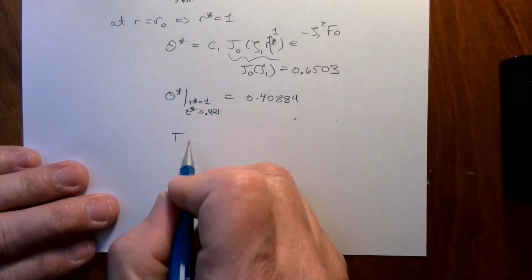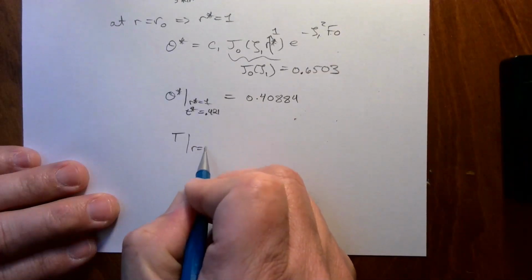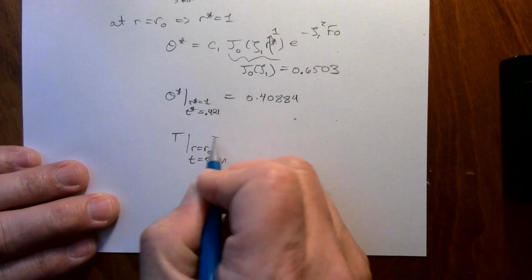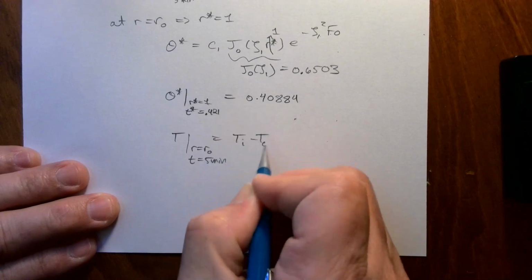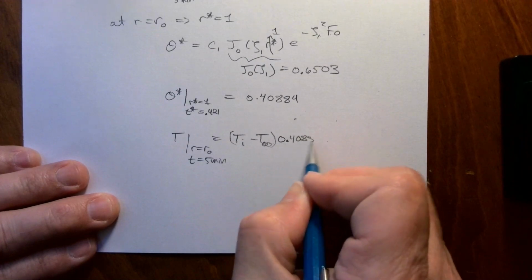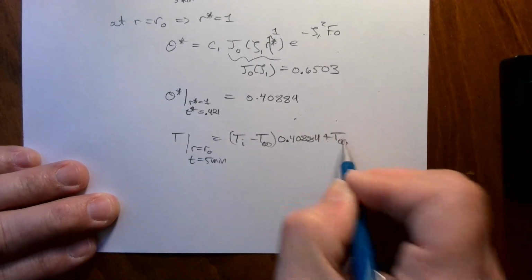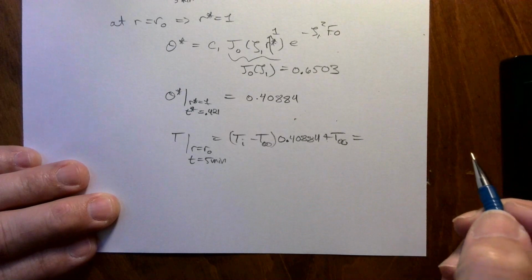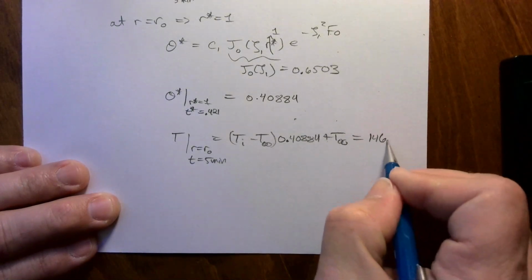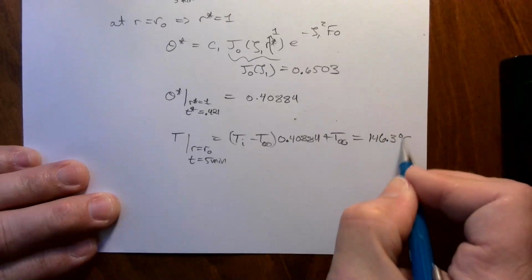So finally, the temperature at r equal to r outer, at t equal to 5 minutes, is going to be equal to Ti minus T ambient times that 0.40884 plus T ambient. This answer is 146.3 degrees C.